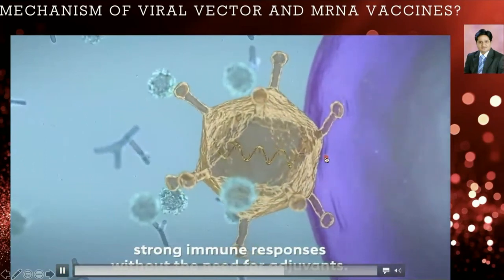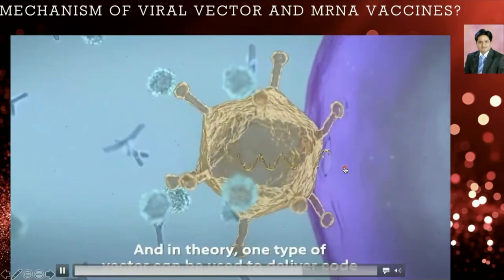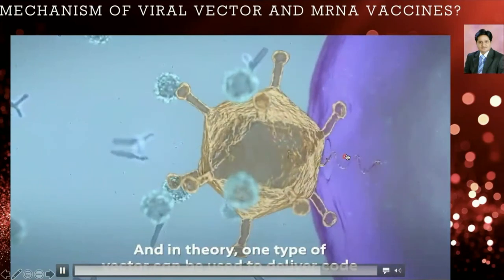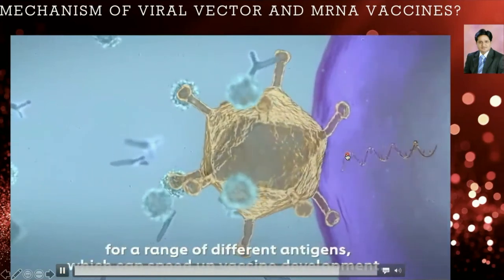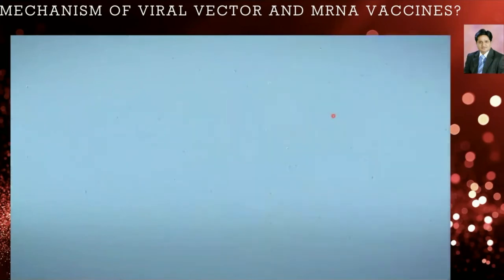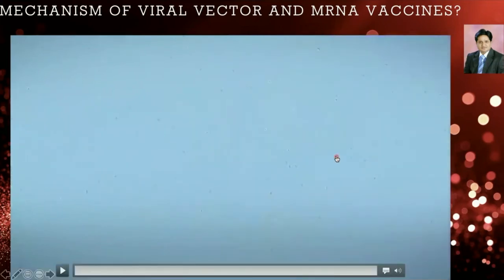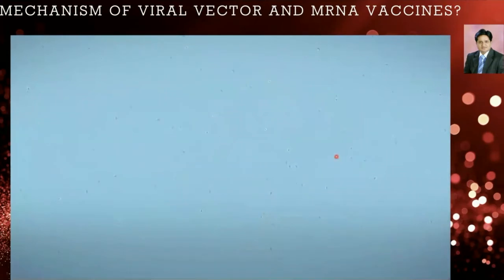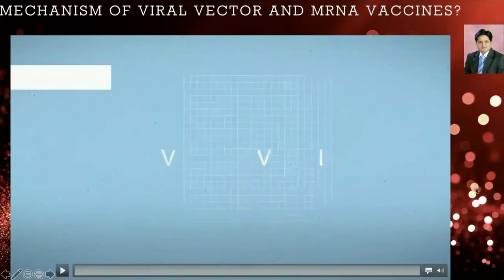This stimulates the body's natural immune defense and causes the body to reproduce its own protection, or antibodies, against the virus. Again, the end goal is to train the system to start producing antibodies. So this is how the viral vector vaccines work.